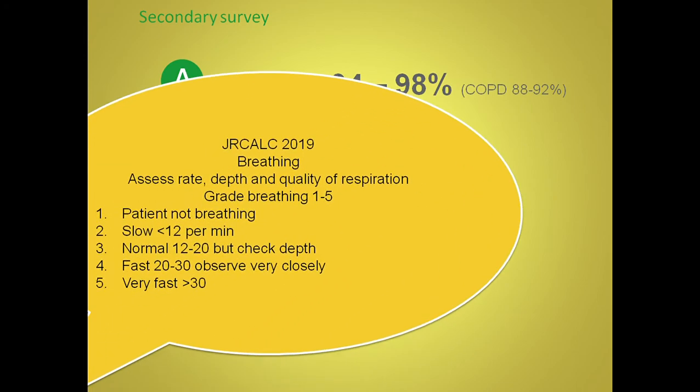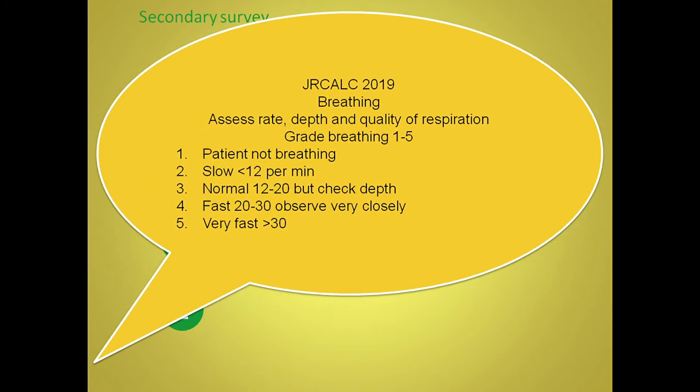Just look at this from the JRCALC when they talk about breathing. We should also assess the rate, the depth and quality of respiration. We can grade it between 1 and 5. Grade 1 is a patient not breathing, which we discussed earlier.